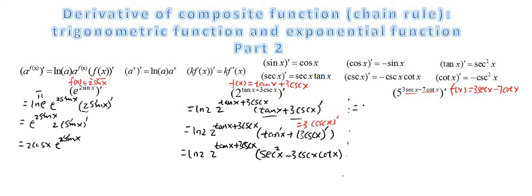We have ln pi times pi to the power f(x), that is 3 secant x minus 7 cotangent x, and we do the derivative of f(x): 3 secant x minus 7 cotangent x.